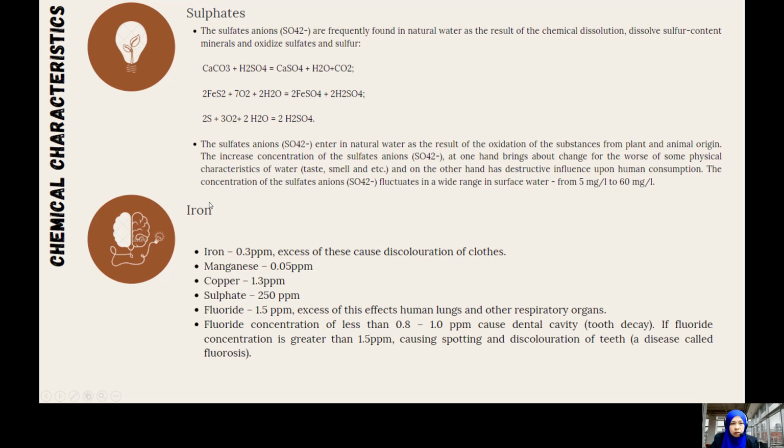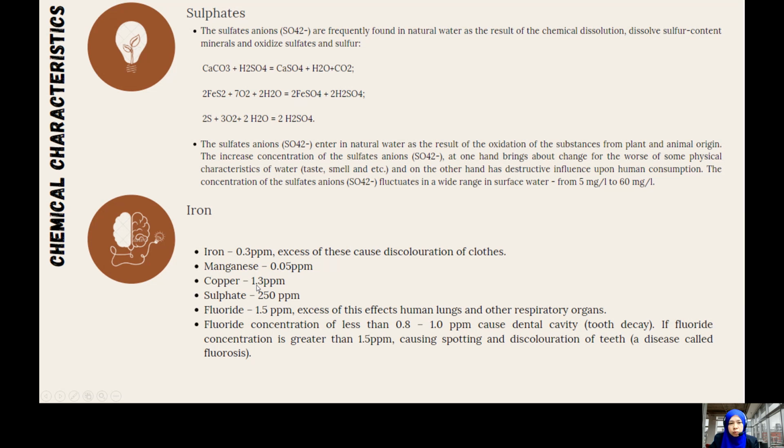Iron. For iron, there are other parts: iron, manganese, copper, sulfate, and fluoride. The limit for iron is 0.3 ppm. For manganese, the value is 0.05 ppm.